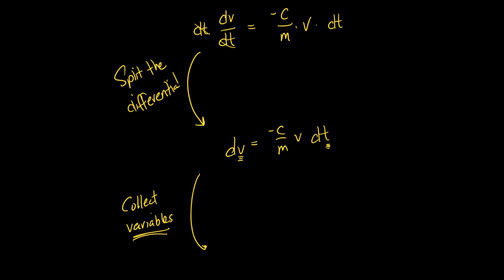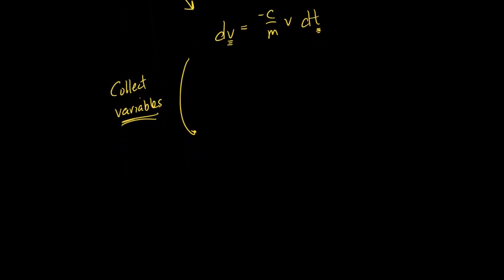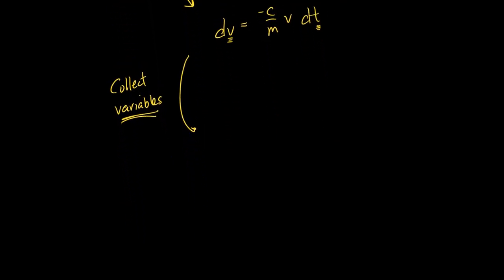So collecting variables means to get the function variables on the same side as your partial fraction. So I need to get the v's on the left side and all the t's on the right side. Everybody good with that?